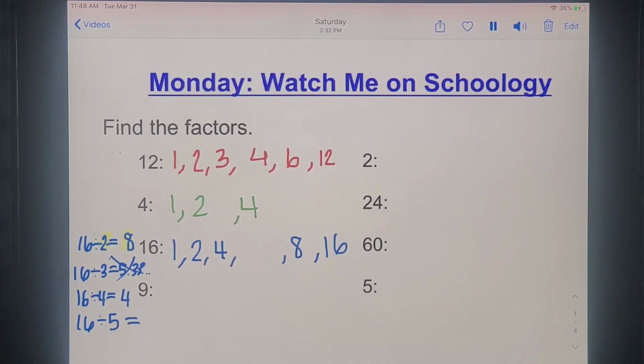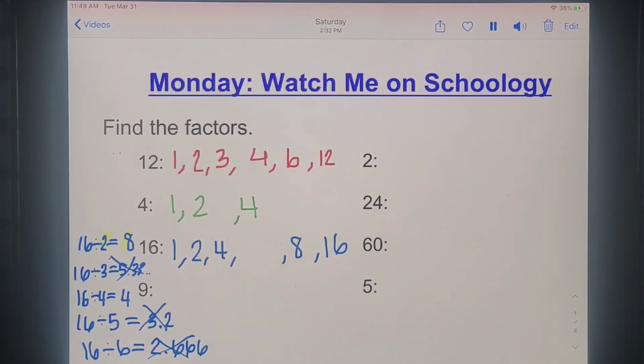In your calculator, 16 divided by 5 equals 3 decimal 2. So that one is not good. We do not want a decimal. Now we can try 16 divided by 6. 16 divided by 6 equals 2 decimal 6. We get lots of 6's. So no decimal. We don't want decimal. That's not good.